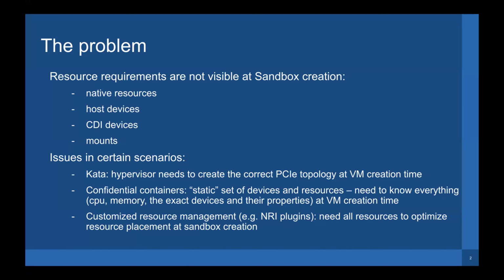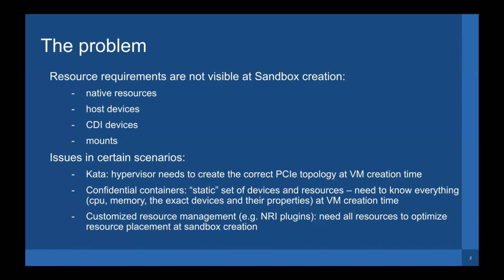Here are the use cases that we are most interested in for the time being. For Kata, the hypervisor at VM creation time needs to create, for example, the PCI device topology for the upcoming containers.